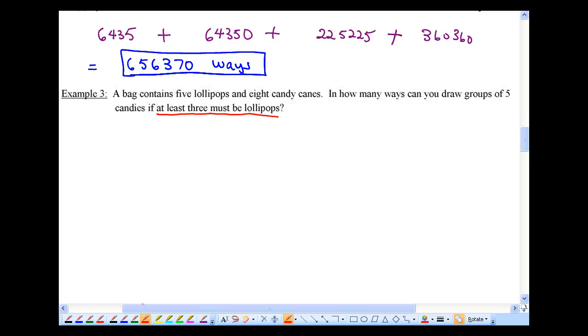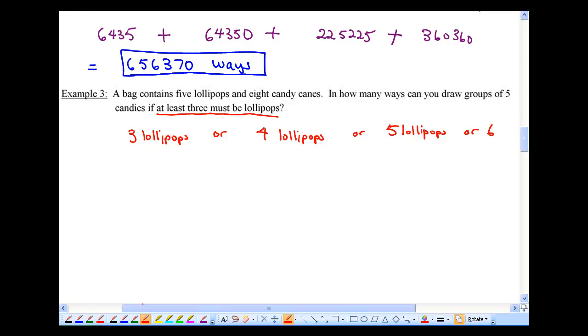At least 3, meaning the minimum number is 3. So 3 lollipops. Or what else can you have? 4 lollipops. Or 5 lollipops. Or 6 lollipops. Oh, wait a minute.